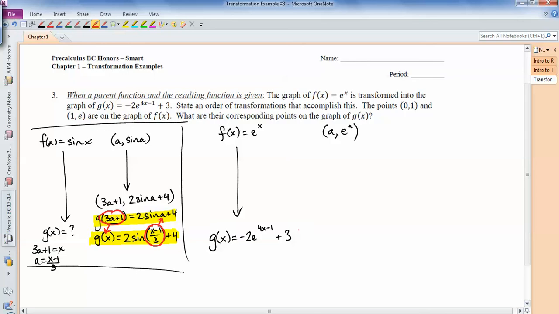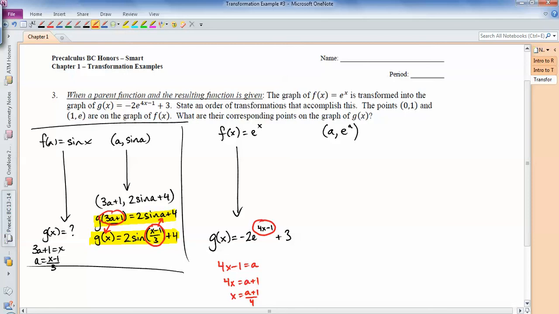So in this problem, the ugly x term is this one, and I'm going to call that a. So over on the side here, I'm going to say 4x minus 1 equals a. So 4x equals a plus 1, so x is a plus 1 over 4.